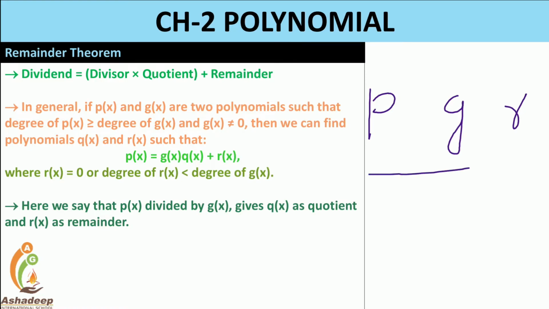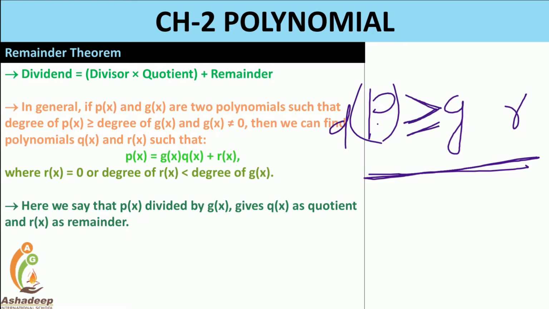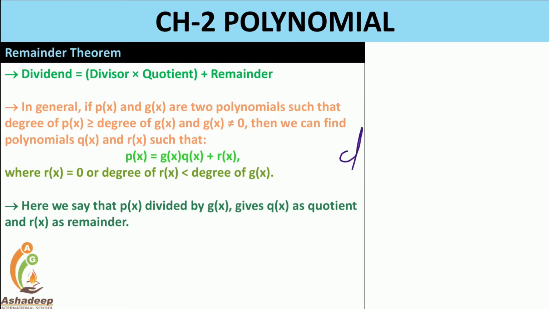But here what we need is that the degree of p of x is always greater than, or you can say equal to, the degree of g of x.